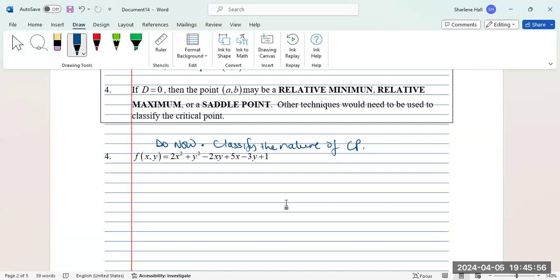Some papers put it as pi of xy, and then give this long, ugly looking function. Don't be alarmed. The first thing you're going to do is what? Find the six expressions. You're going to do the six partial differentiations.